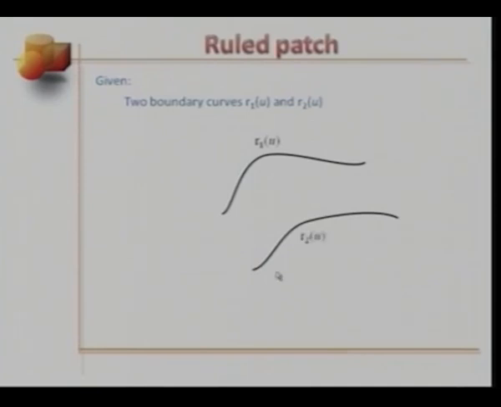So given 2 boundary curves, R1 of u and R2 of u. This is the first curve, this is the second curve, R1 of u and R2 of u.